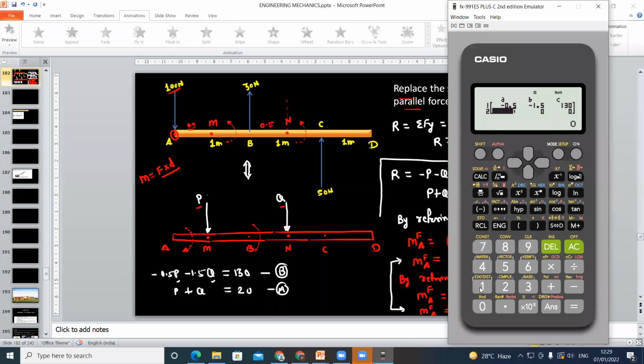Second equation: 1 plus 1, so it is 1, 1, and the constant is 20. Okay, then press equal to.